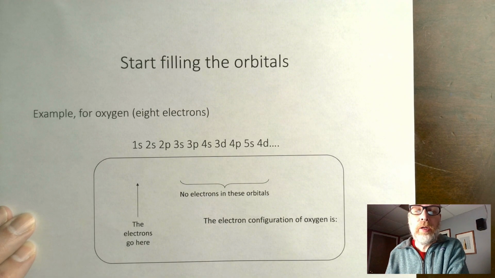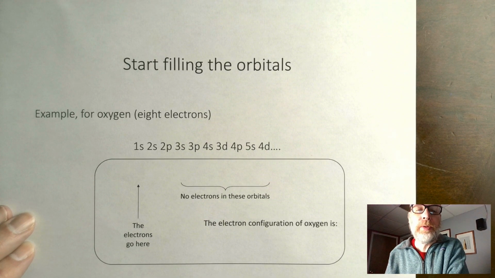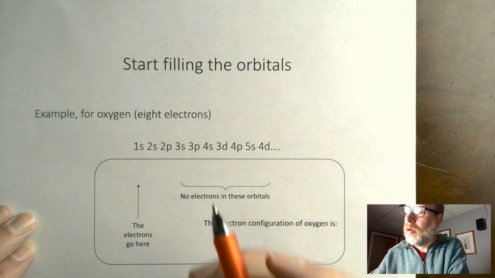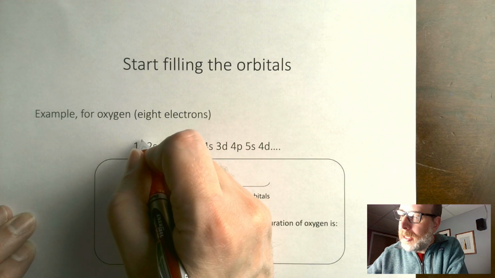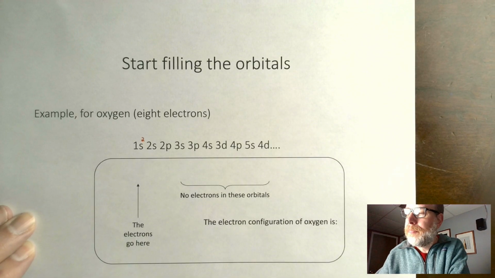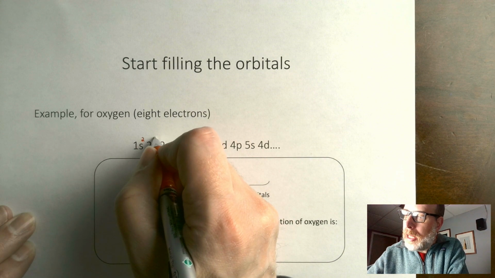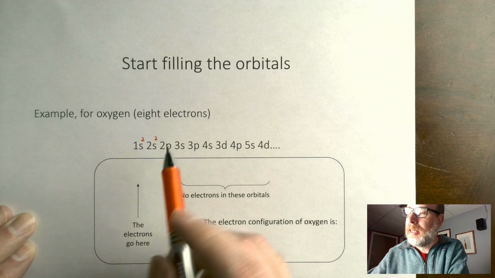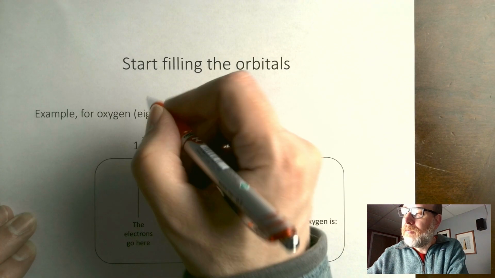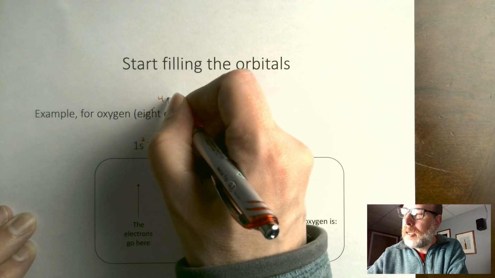Now we're going to start jamming electrons into those orbitals. So we are going to go with 2 in the 1s, 2 in the 2s, and then I'm going to stop right there for a second. The reason is that of these 8 electrons, I've put 4 in, so I've only got 4 electrons left.